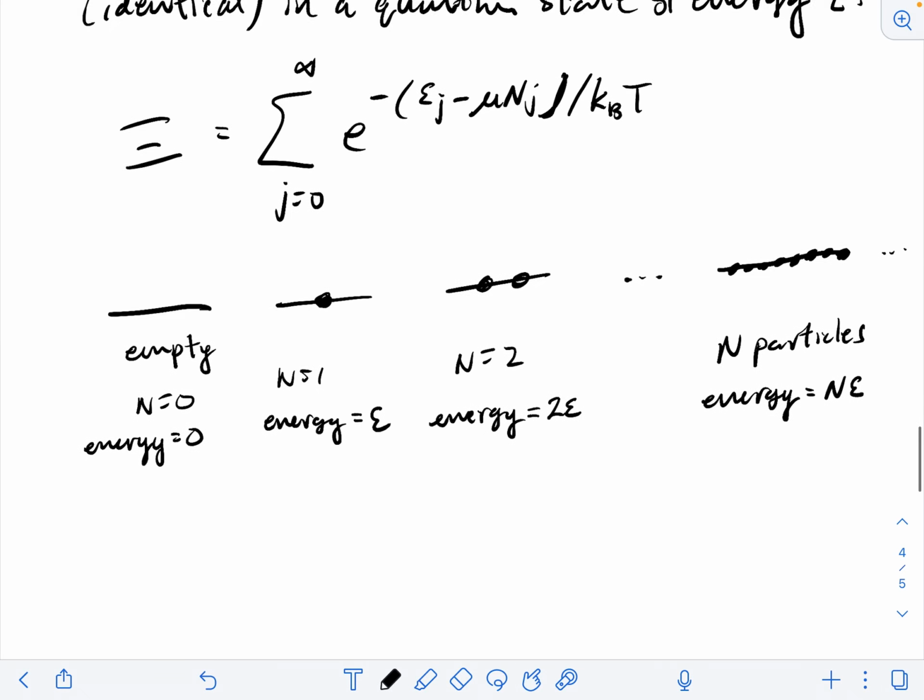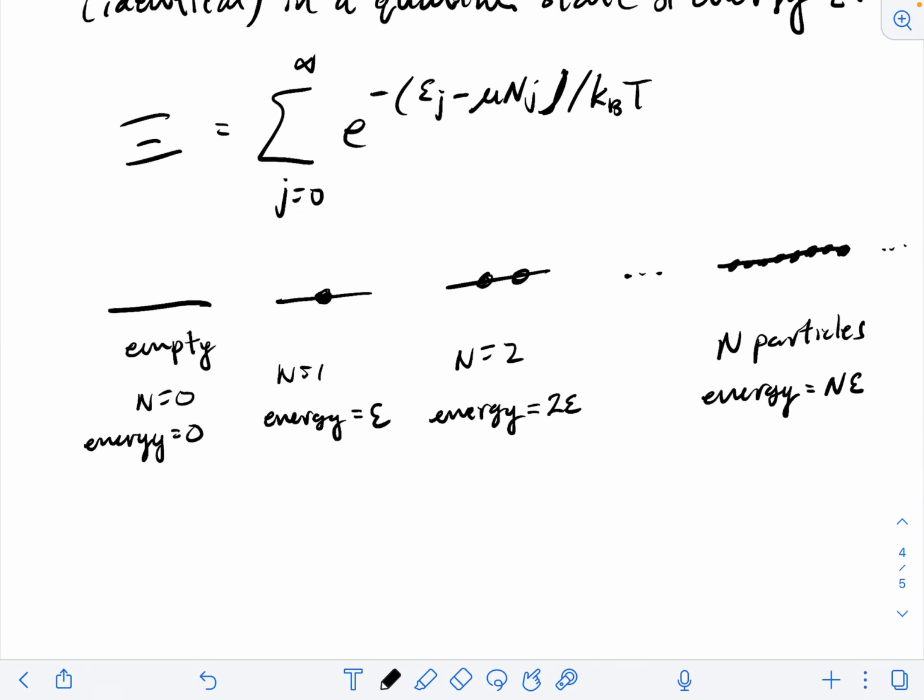Okay, so if we were to write out some of the terms of the grand partition function, we have the case where epsilon and n are both equal to 0, so we get a 1, plus one particle, and then we have two particles, and so we have an energy of 2 epsilon, and n equals 2, so we could factor out that 2.